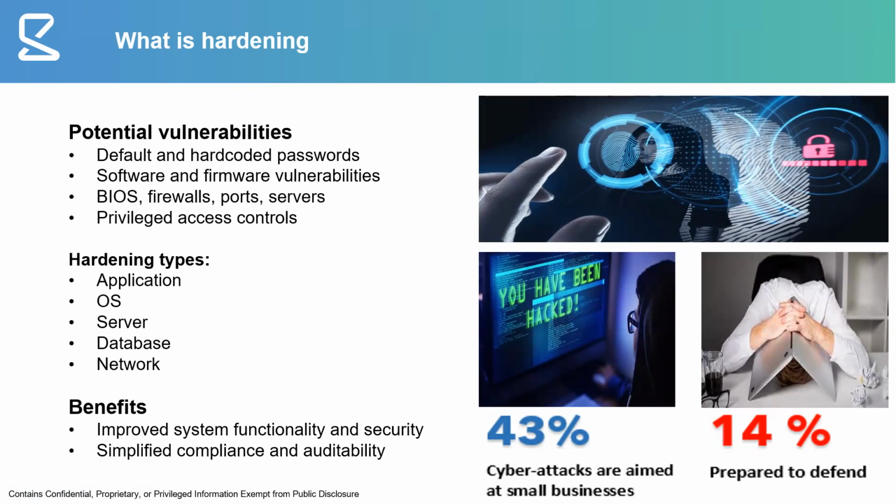The cyber attack surface is the combination of all the potential flaws and backdoors in technology that can be exploited by hackers. These vulnerabilities can occur in multiple ways, including default and hard-coded passwords, unpatched software and firmware vulnerabilities, or poorly configured BIOS, firewalls, ports, servers, or many other parts of the infrastructure.